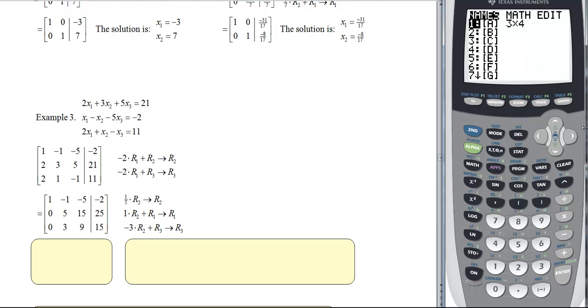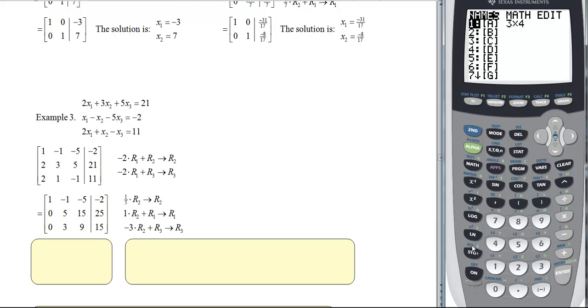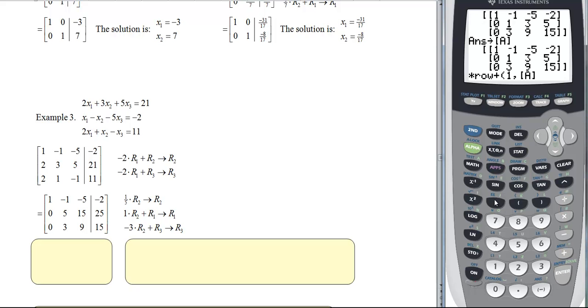Second matrix over. I'm just going to say second matrix. It's just quicker. Alright, so now I'm going to do 1, comma, second matrix for A, comma, 2, comma, 1. Store it.